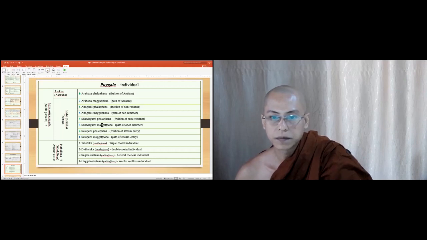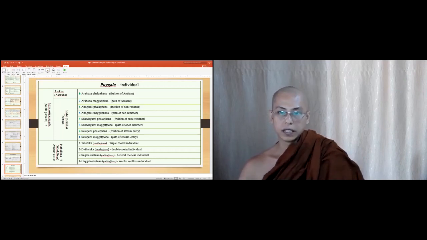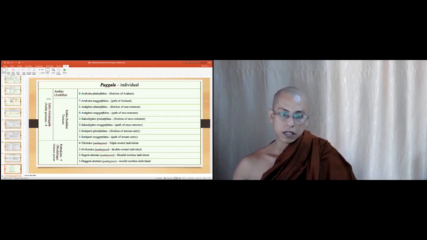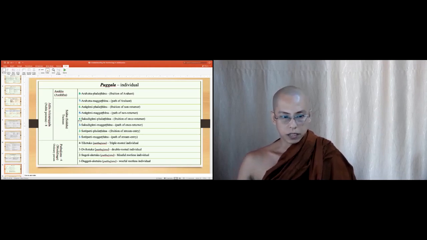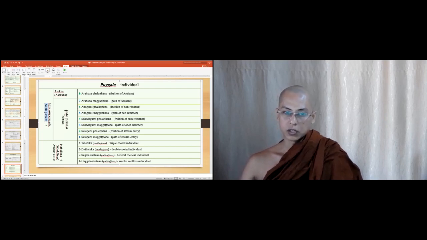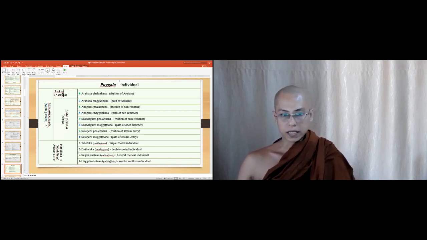So this table shows the individuals we already discussed, the 12 types of individual. Roughly divided into Puthujjana, ordinary person, and Ariya Puggala, noble person. Ariya Puggala can be divided into two. The highest one is Asekha.